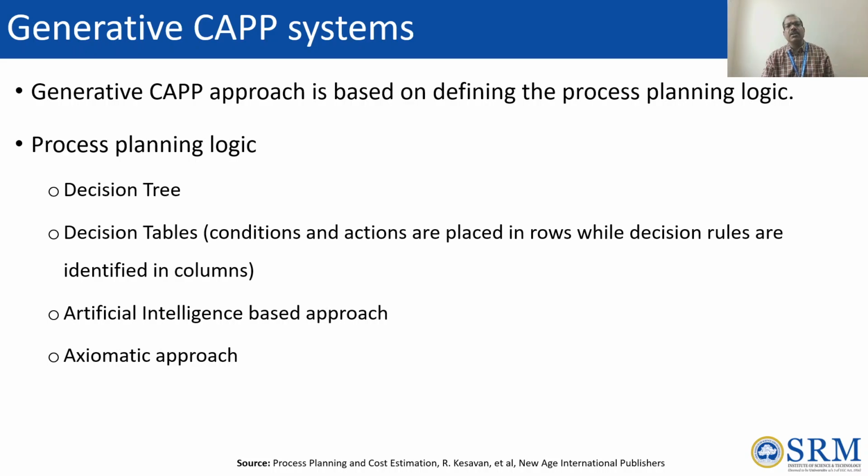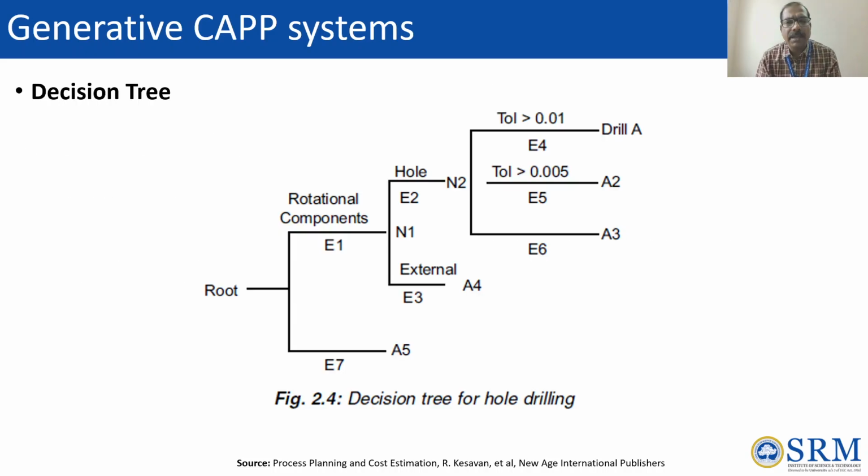And there are AI-based, artificial intelligence-based approaches, various approaches for process planning under generative computer-aided process planning. So a simple example, I'm not going into detail about this. One example is the decision tree, in order to make a hole in the component. Once we give the part design with some features and tolerance information, that part introduction is called the root.